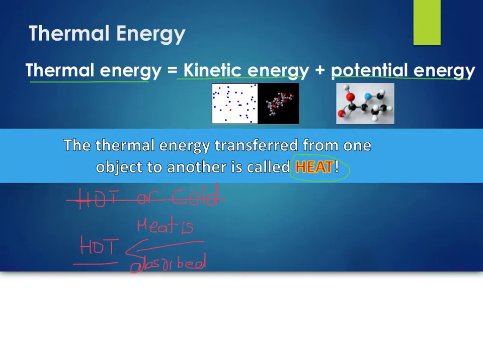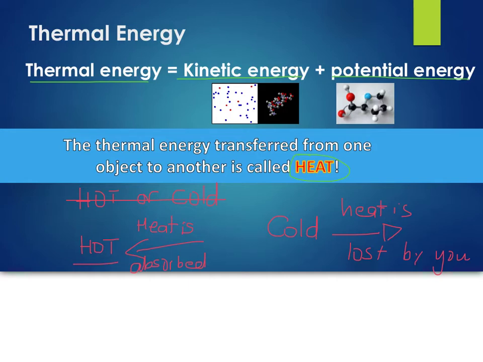If something feels cold, you are transferring thermal energy. So heat is lost by, let's say, you. So if you touch something and it feels cold, that means you're transferring thermal energy from your body to that object.